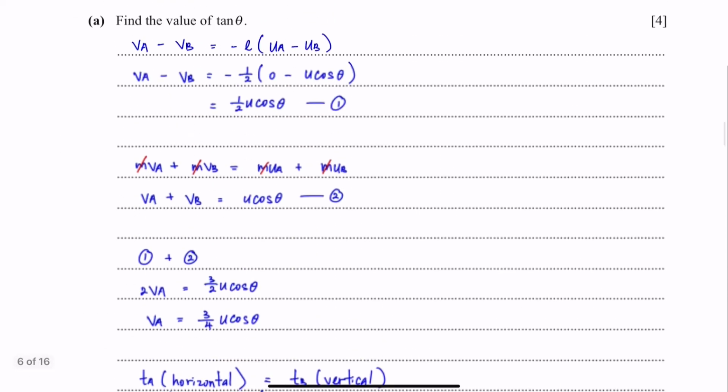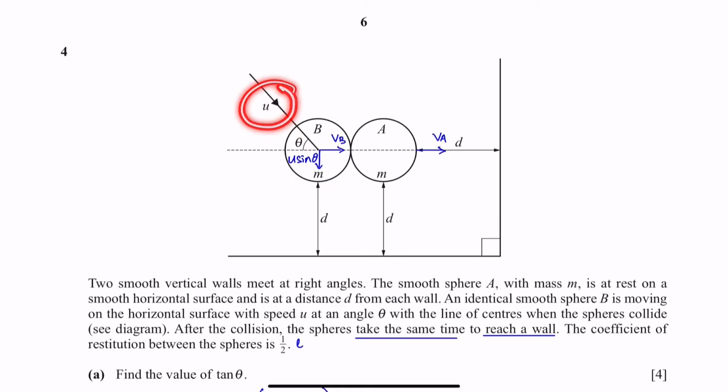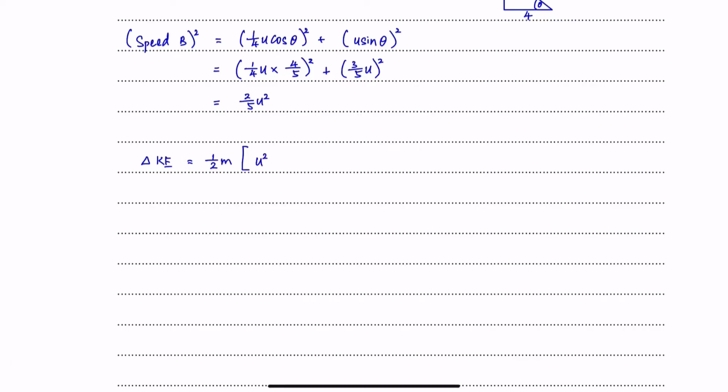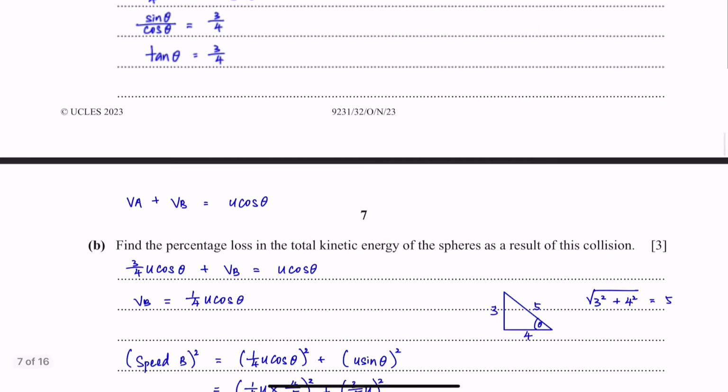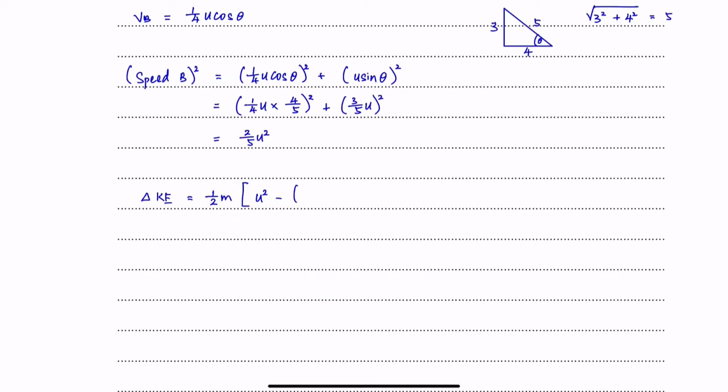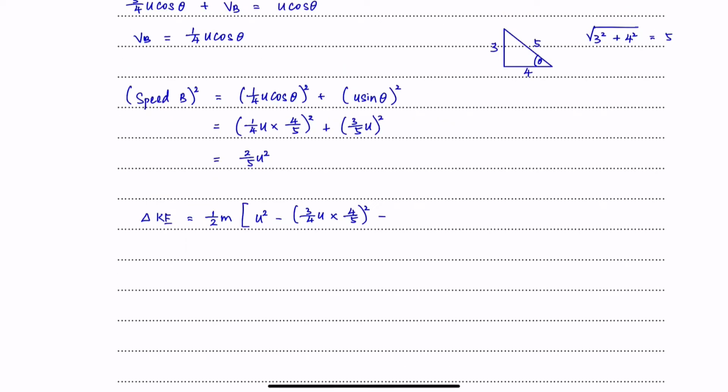Initially the only speed is u, so we have u squared minus the speed of A, which is 3 over 4 u cos theta, so 3 over 4 times u times 4 over 5, squared, minus, for B, the speed squared, which is 2 over 5 u squared.